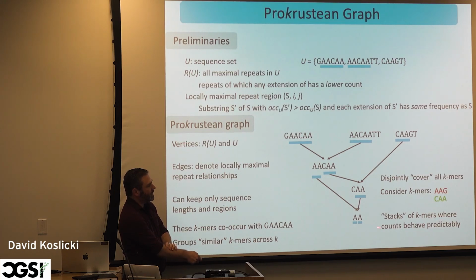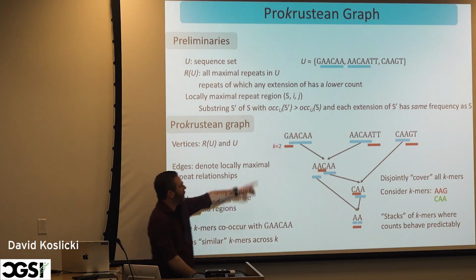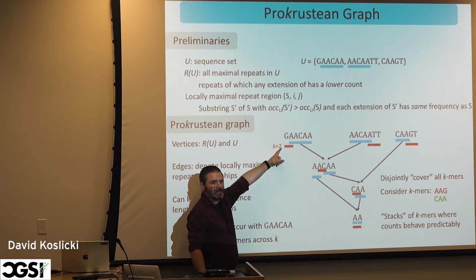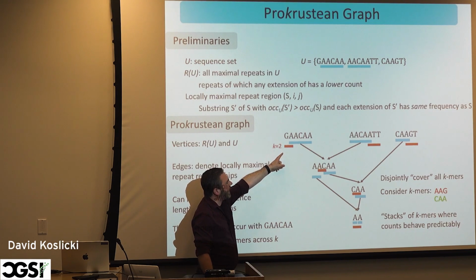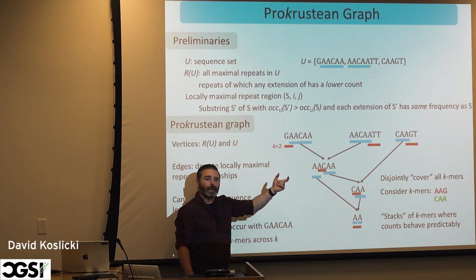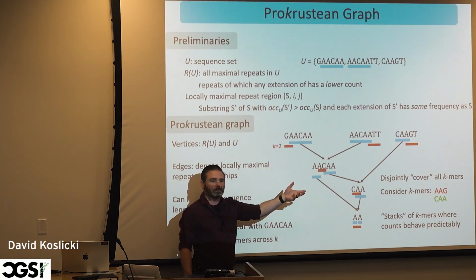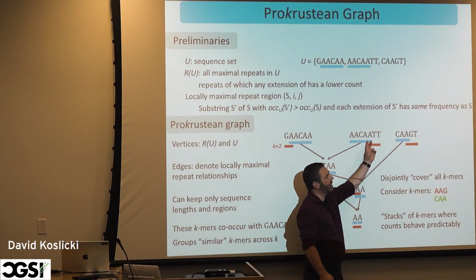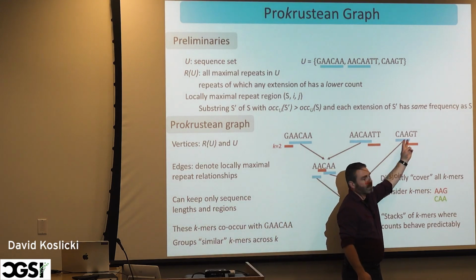If we continue with this idea and look at multiple k sizes, we end up basically with these stacks of k-mers. So for instance, we looked at that 2-mer just a bit ago. Let's look at all the 2-mers that are not fully contained in a blue region. So for instance, this TT, this TA, this TG, that GA.